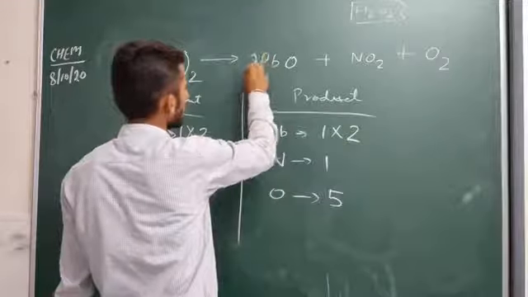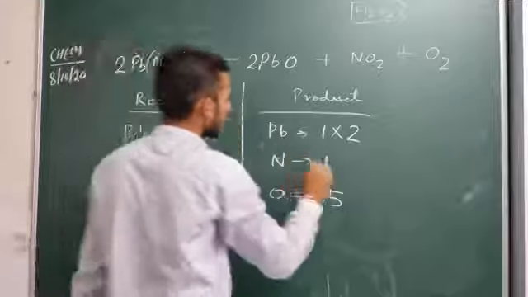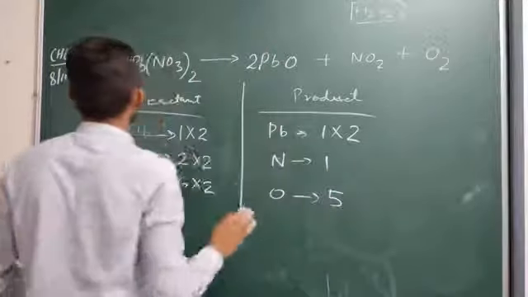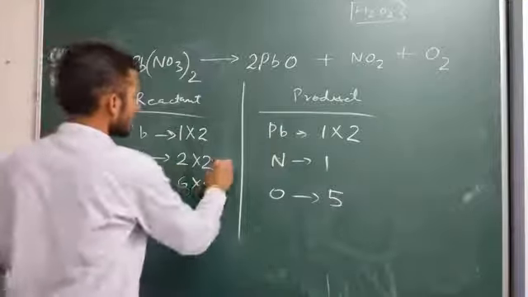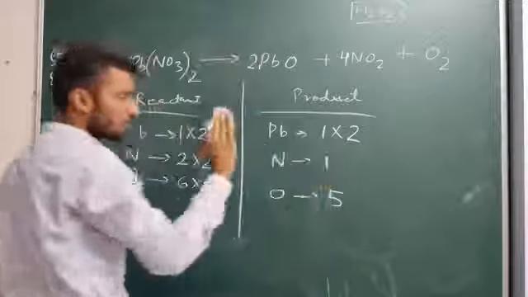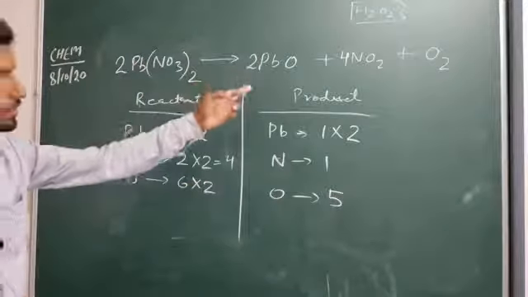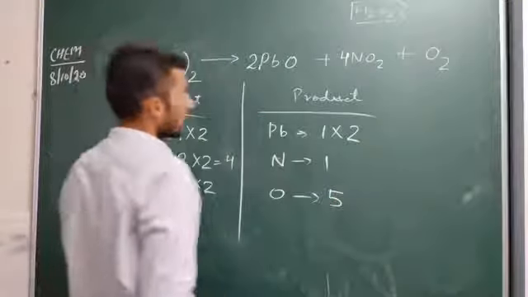Here also we need to put 2, because lead is only here, so 2 here. Now you see here, how many nitrogen atoms? 4. So write 4 here, because nitrogen is not anywhere else, it is present only in this molecule.